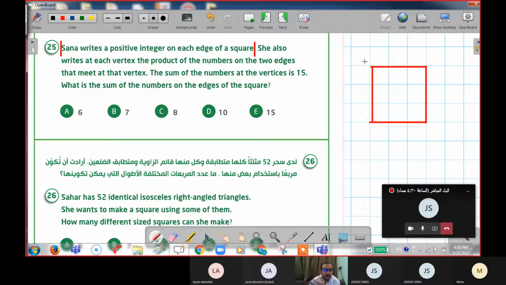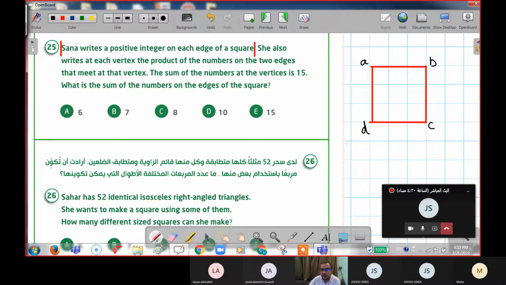So let's call the first one, for example, A. Because I don't know the numbers, I just know that the four numbers are unknowns. So I will call A the first one, B the second one, C the third one, and the fourth one is D, positive integer numbers.